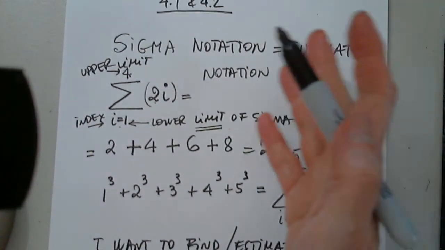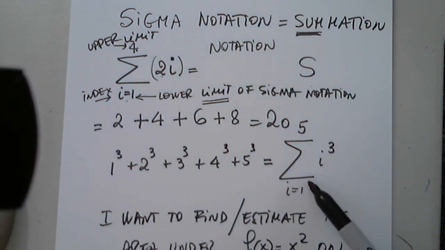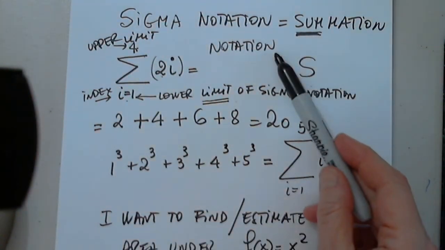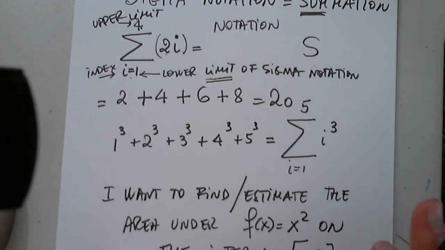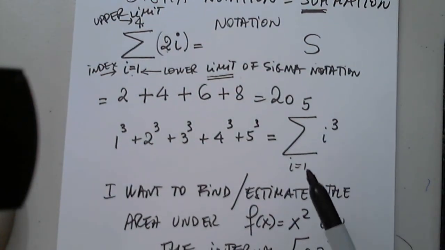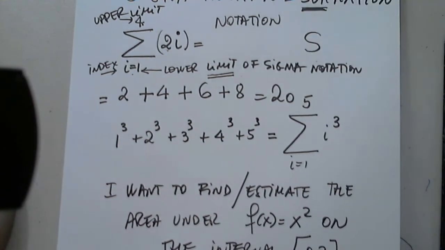Before we discussed any of this, I just wanted you to at least get the idea of the sigma or summation notation, how it works. It has properties. There are 3 properties. We're not going to need to do that, but at least you have the idea of what the summation notation looks like. You'll see why we need that.